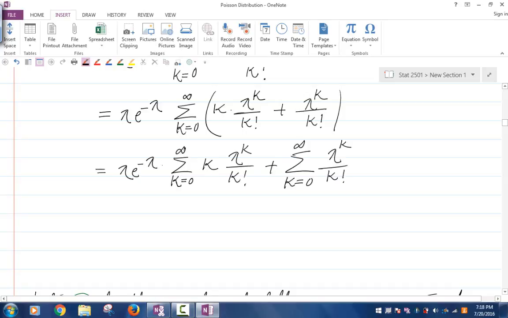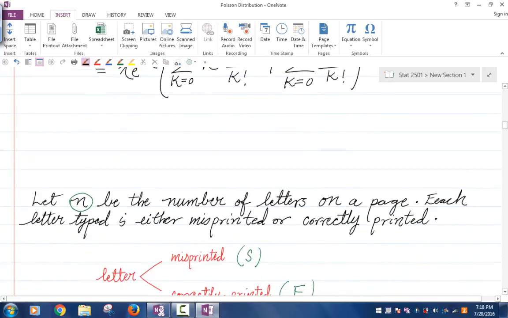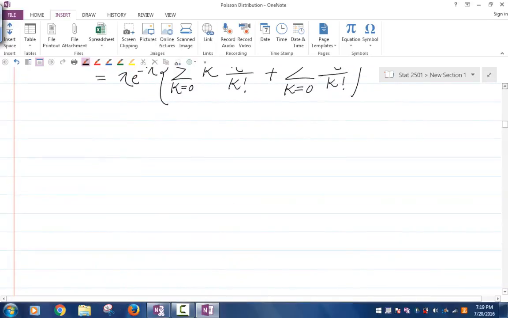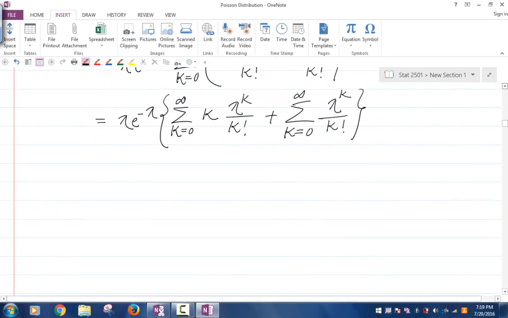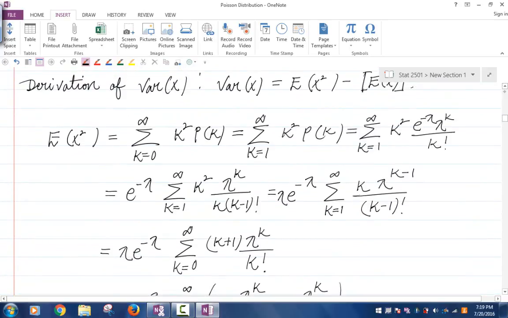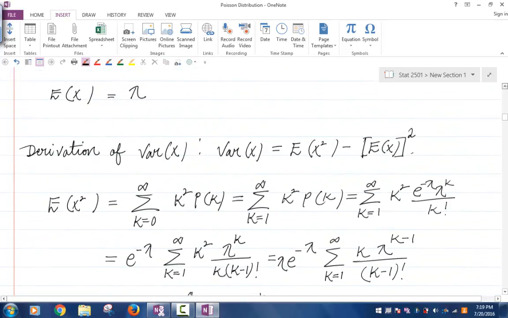I need to be careful here, so let's put brackets around. If you look at the first sum, that's familiar because we already had that sum.